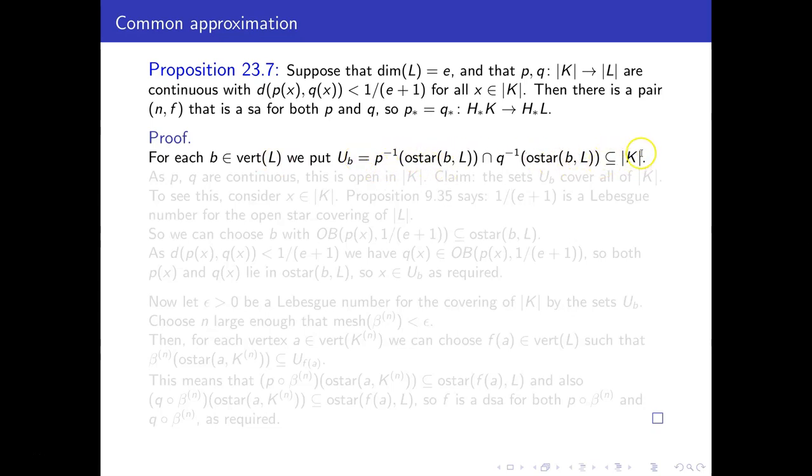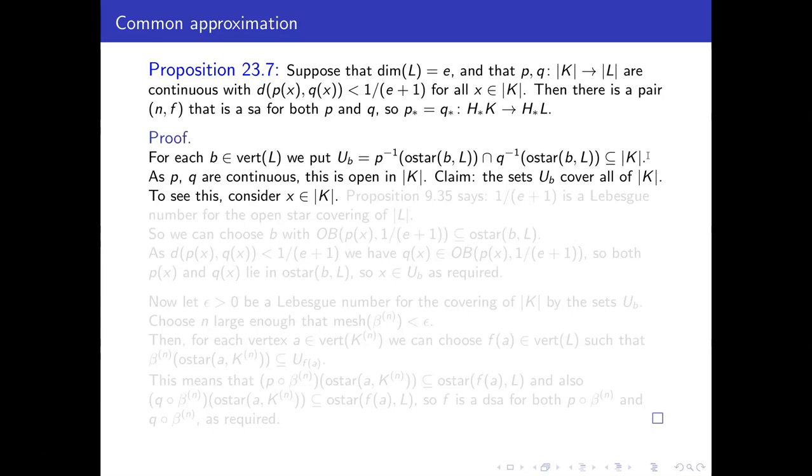It's going to be an open subset of the realization of K, and it's going to be the preimage under P of the open star of B intersected with the preimage under Q of the open star of B. In other words, it's the set of points X such that Px and Qx both lie in the open star of B. Okay, so P is continuous, so this set here is an open set, and Q is also continuous, so this set here is also an open set. It's an intersection of two open sets. That's an open subset of the realization of K. And we want to claim that these sets UB form a cover of mod K.